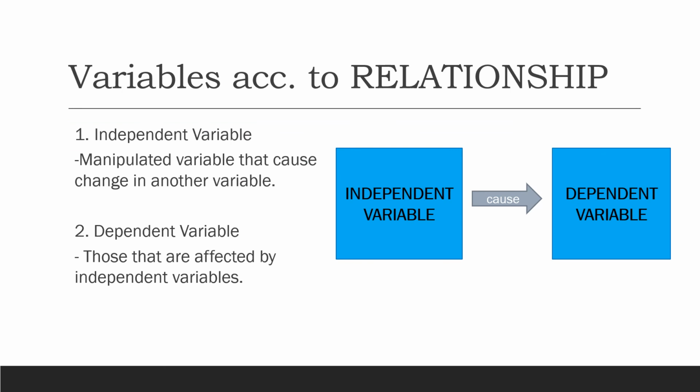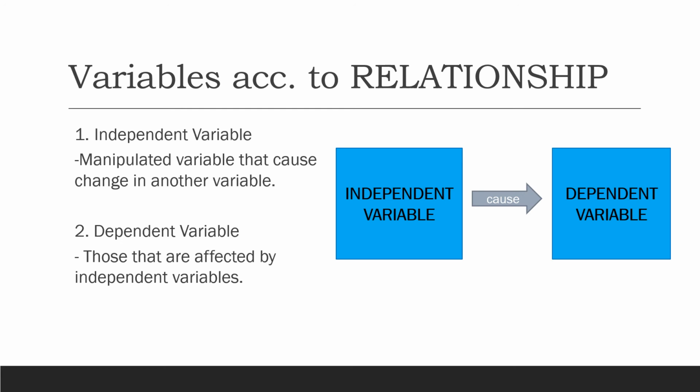Next, we have the variable according to relationship. We have the independent and dependent variable. When we talk about the independent variable, it is the manipulated variable that causes change in another variable. Okay? And the dependent variable are those that are affected by the independent variable.